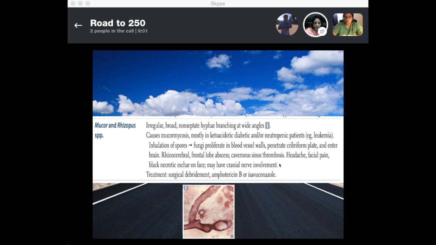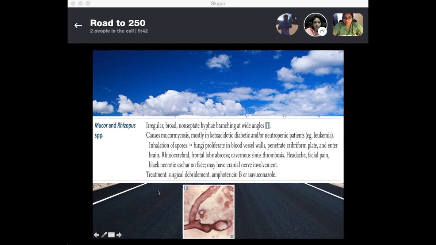And then a fun question: what nerves go through the cribriform plate? Or what nerve fibers? Cranial nerve 3? 1, olfactory nerve fibers are going to travel through the cribriform plate.